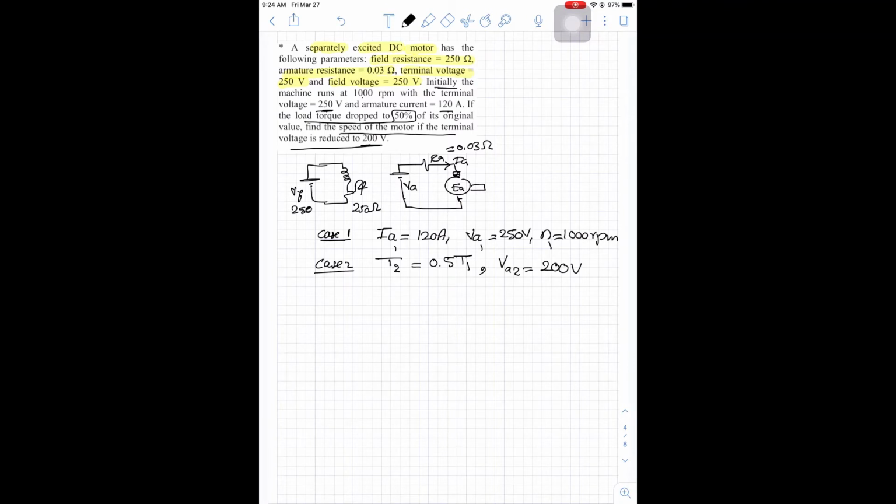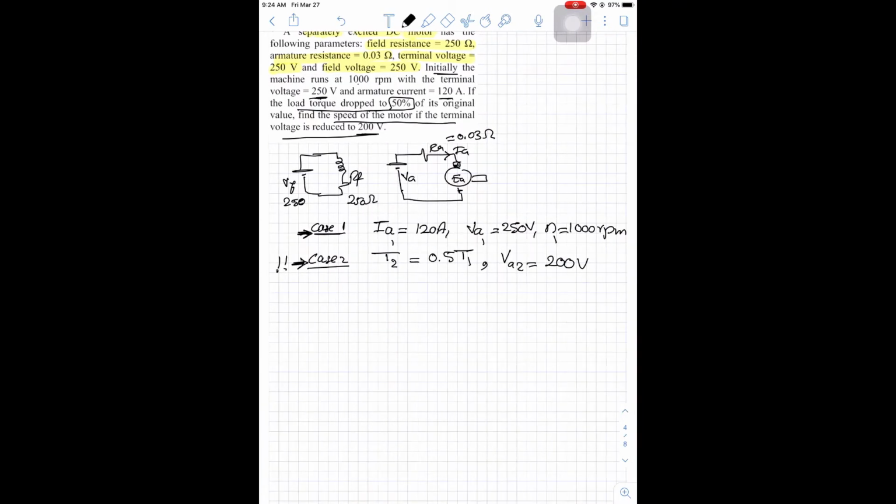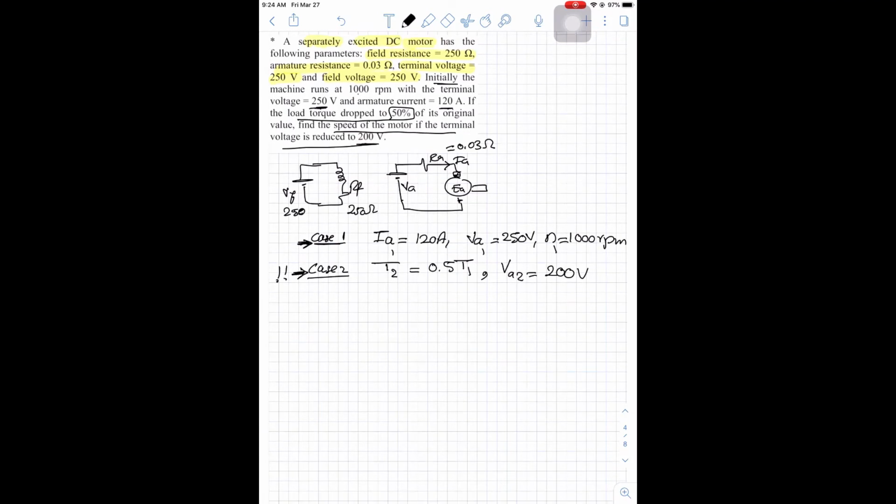We mentioned for DC motors, we will be given one case with all the values, and we will be given another case with some missing data. The idea is to make the first case as full as we can. Then we use the ratios between the two cases, which will be the ratio between the EMF EA1 and EA2, and T1 and T2.